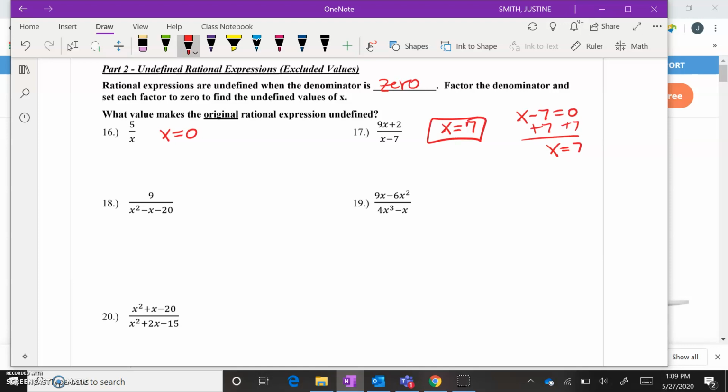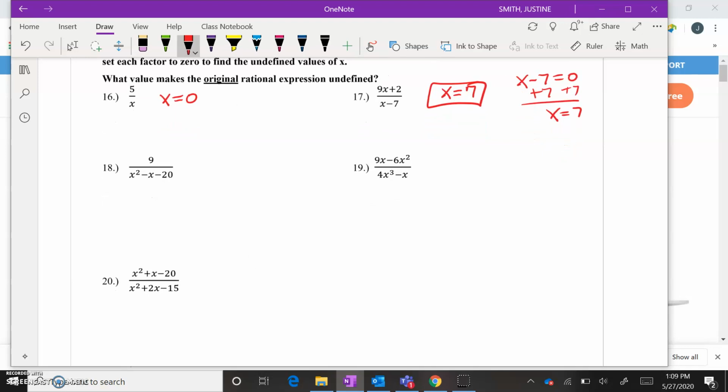Okay, if you have something you can factor, you're going to do that first. You don't even actually need to worry about the numerator. So you're just going to go through, this is an easy trinomial, what multiplies to -20 and adds to -1. So -5 and x plus 4. Okay, so I don't need to worry about the numerator.